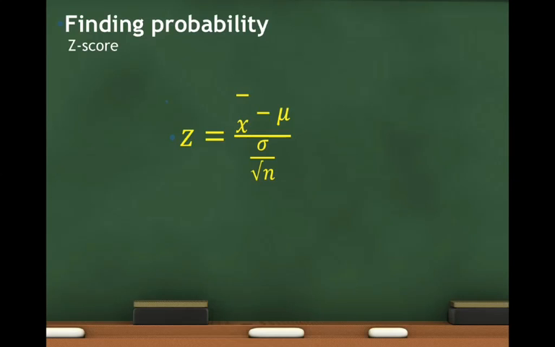And so you find your z-score first, and then you're going to need your calculator to help you find the probability. And so go ahead and pause the video and get your calculator out. That way you can use it for the next couple of problems that we're going to look at.